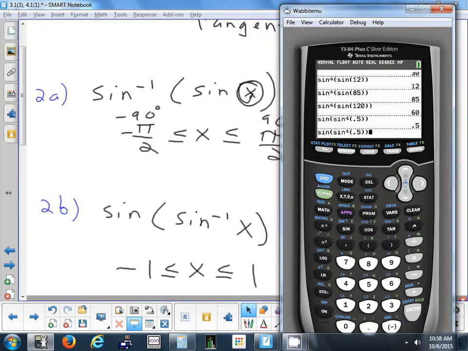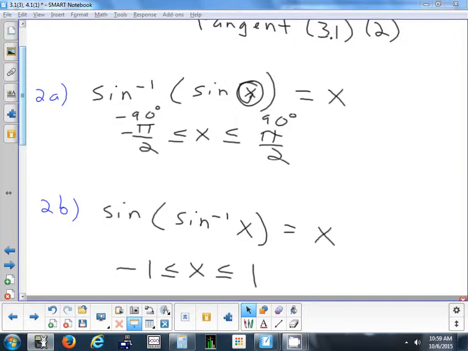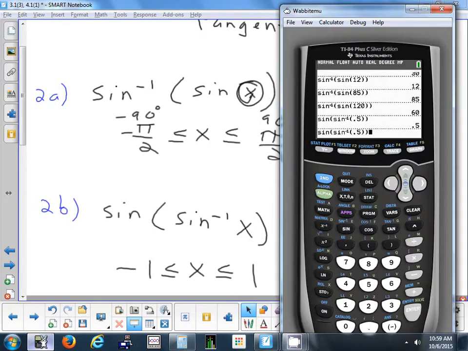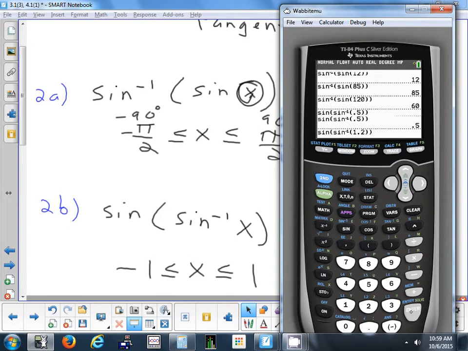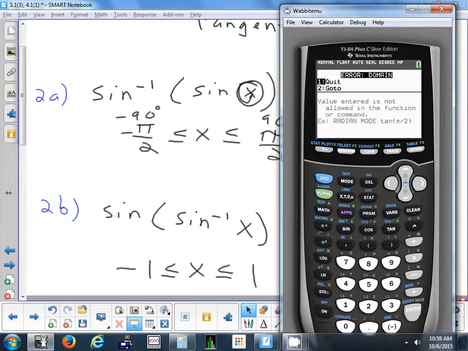If I try a number that's not between negative 1 and 1, it's not that I'm going to get a different answer back. The calculator won't even give me an answer. Try typing in like 1.2. That's not between negative 1 and 1. It says error. So this time, it just doesn't even work.